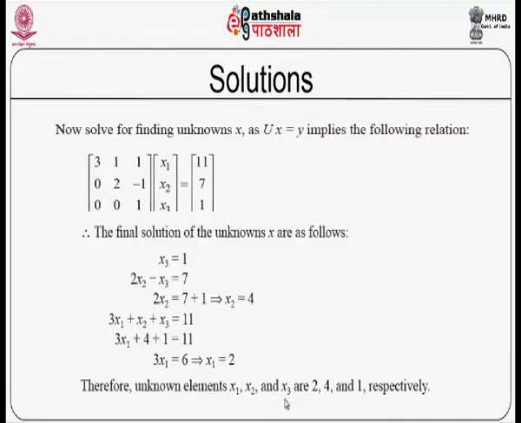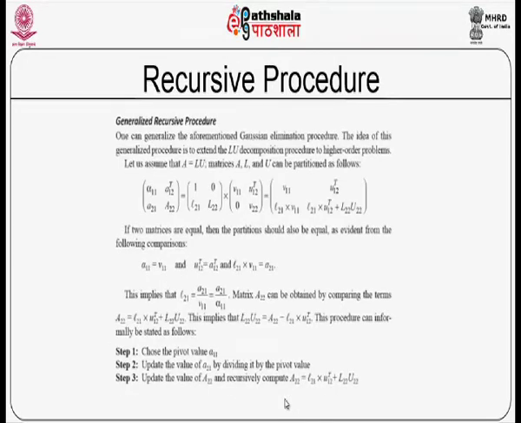So, the results are the same, but one extra thing is that instead of solving Ax equal to B, we are now using the transform and conquer paradigm of replacing A by LU. So, we are trying to solve the problem of LUx equal to y. We can generalize this as a recursive procedure. This is the procedure that uses the Gaussian elimination technique.